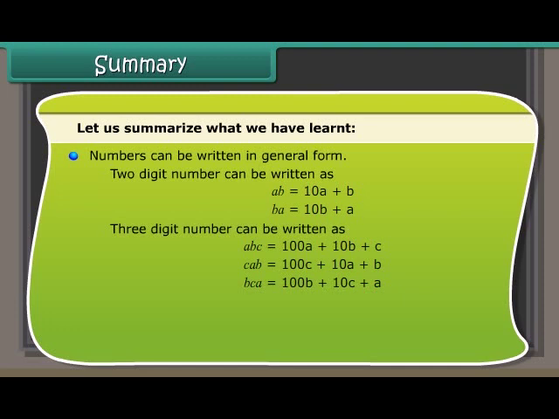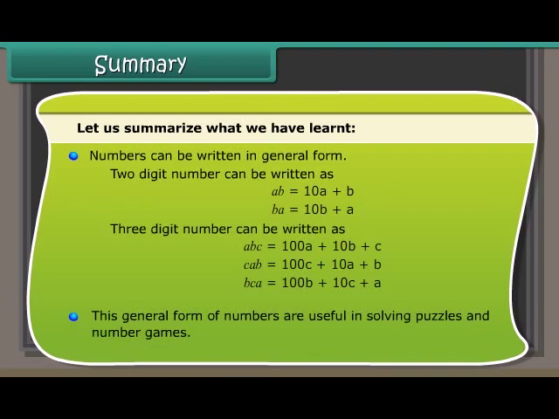Two-digit number can be written as AB is equal to 10A plus B, BA is equal to 10B plus A. Three-digit number can be written as ABC is equal to 100A plus 10B plus C. CAB is equal to 100C plus 10A plus B. BCA is equal to 100B plus 10C plus A. This general form of numbers is useful in solving puzzles and number games.